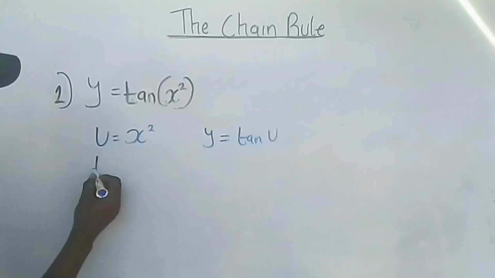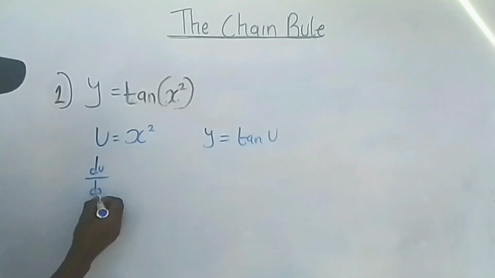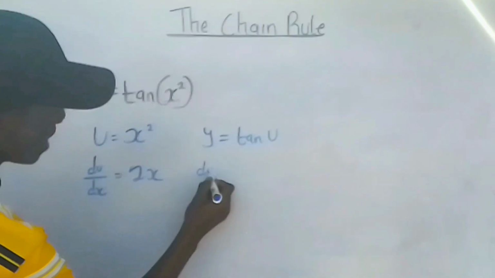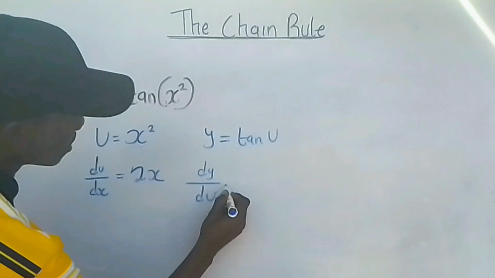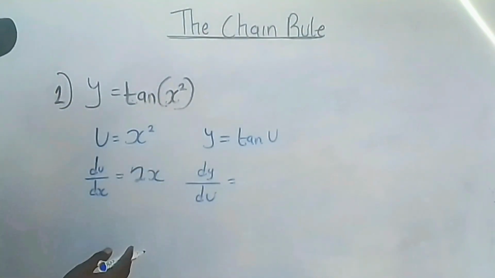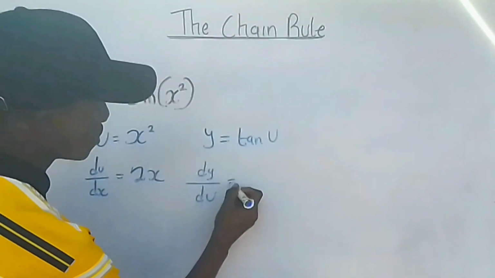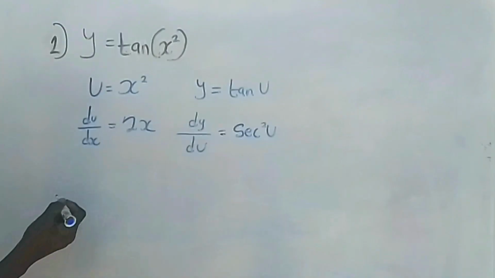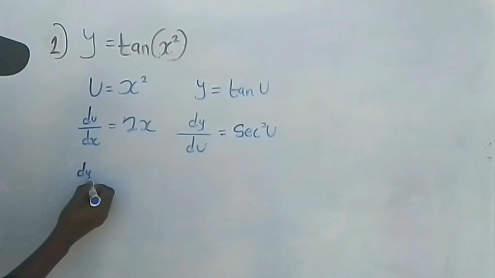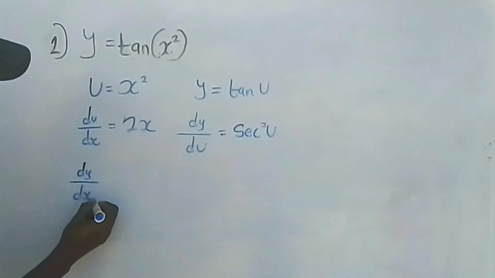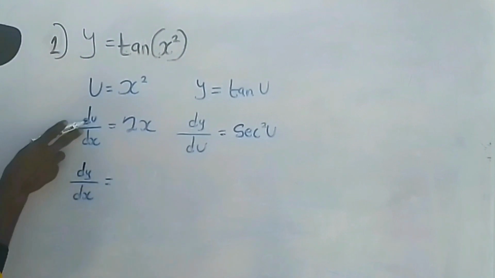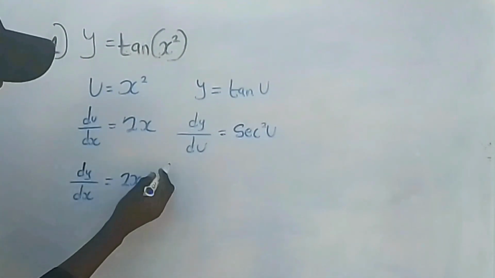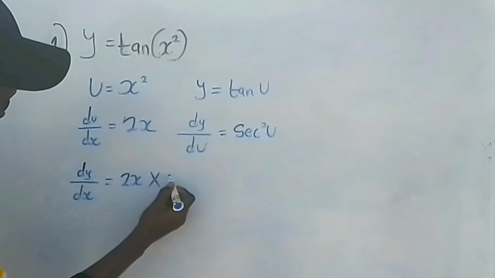The second step is to differentiate both the inner function and the outer function. So I'm going to have du/dx is equals to 2x, and dy/du is equals to, if you differentiate tan u, you are going to get sec square u. Now dy/dx is equals to du/dx, which is 2x, multiplied by dy/du, which is sec square u.